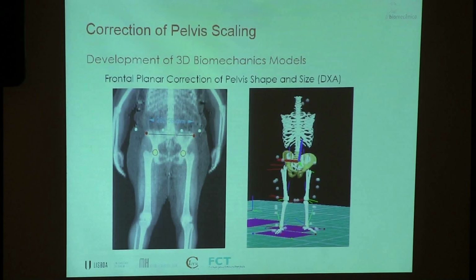What we did in this case is to obtain the data normally, with the skin markers only, and then recalibrate or construct the pelvis based on the frontal plane densitometry image. So the correction is only performed in the frontal plane.